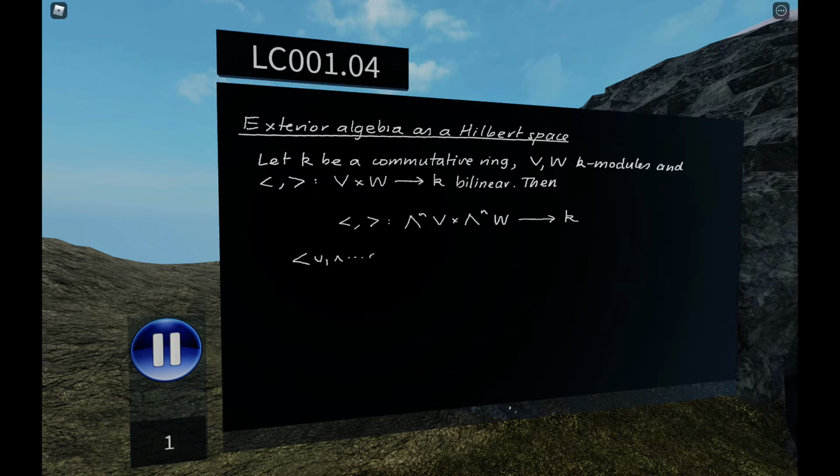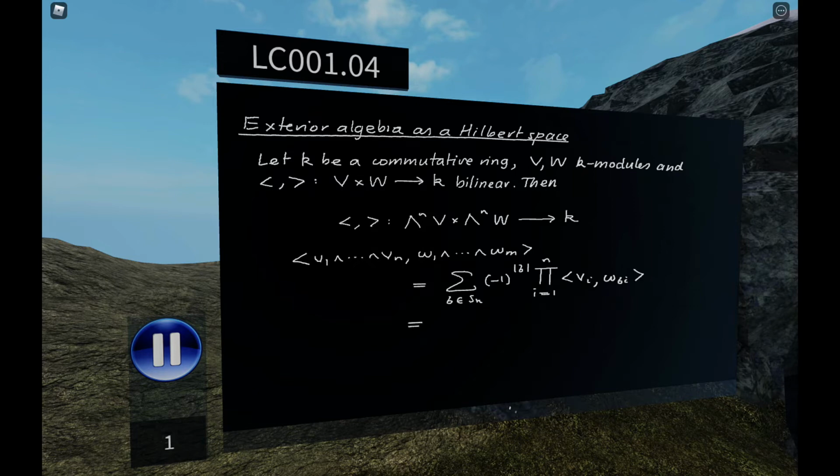It takes a wedge product of V's, say n of them, a wedge product of W's, say n of them, and associates to that pair the following scalar. So the sum over all permutations sigma, the sign of sigma, and then I multiply together all the pairings of the v_i's with the w_sigma(i)'s.